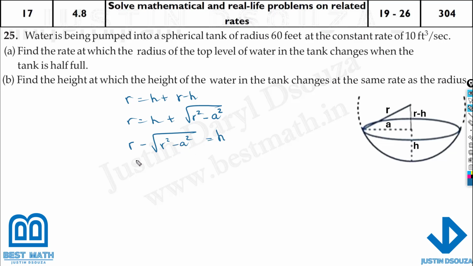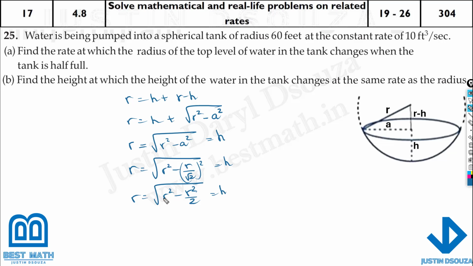Now I will substitute the a value which we had recently got. So r minus square root of r squared minus, what was the a value we obtained? It was r divided by root 2, the whole squared. That is equal to h. Let me simplify this. R squared remains, minus, let's square both. The top one will be r squared, and root 2 squared will be 2, so it will be r squared by 2.